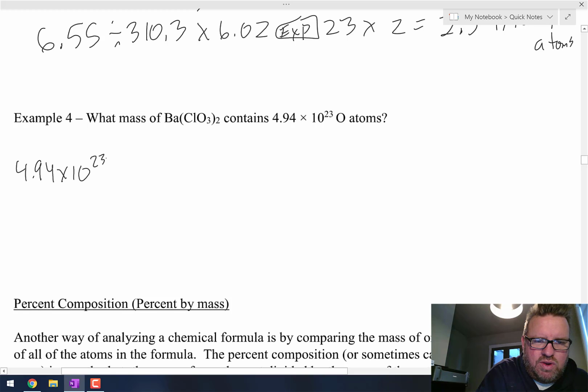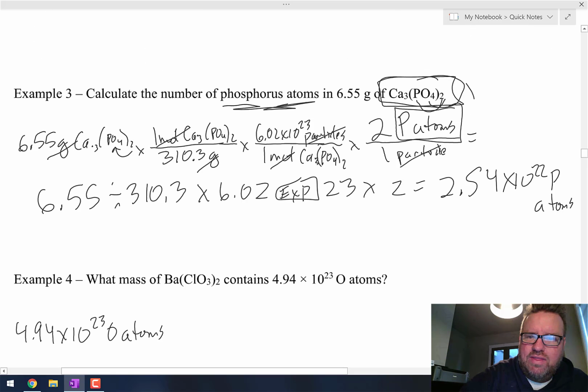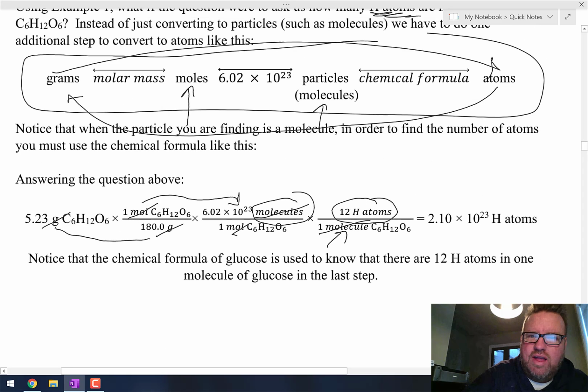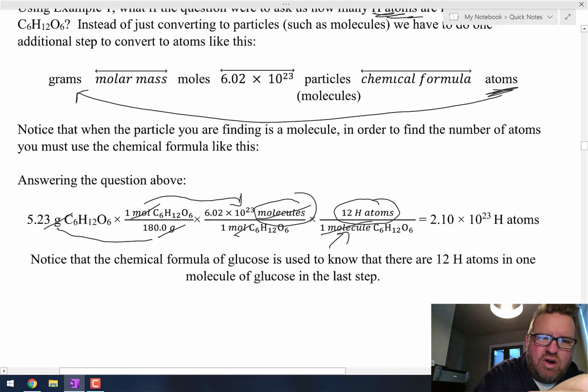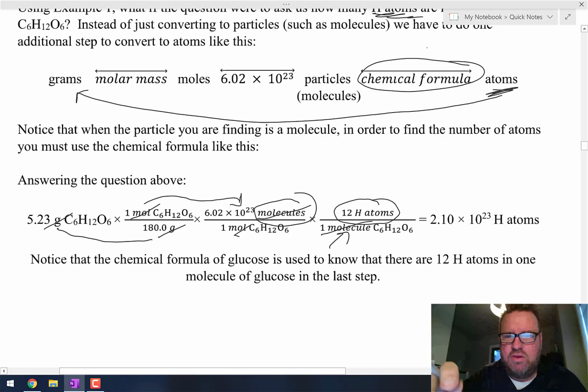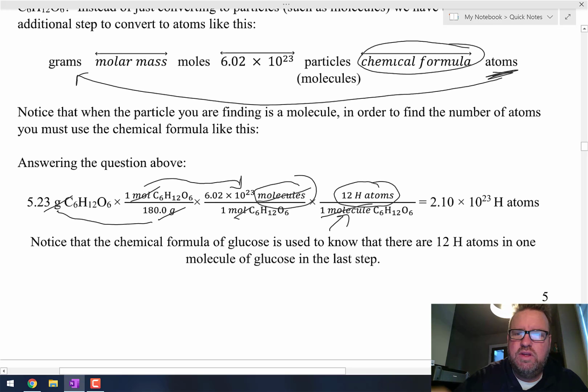Times 10 to the 23rd O atoms. So again, in this case, I'm starting here at the very end, down here at atoms, and they're asking me for the mass, so I've got to get all the way back here to grams. So what's the first thing I'm going to use? I'm going to use the chemical formula, of course, to get the particles.